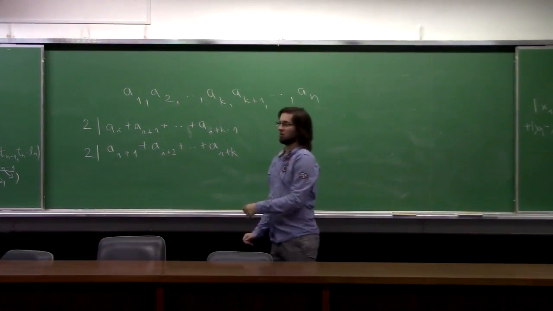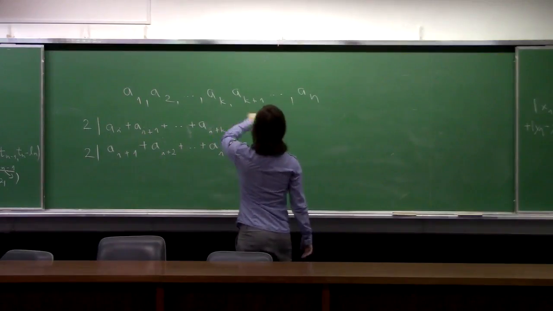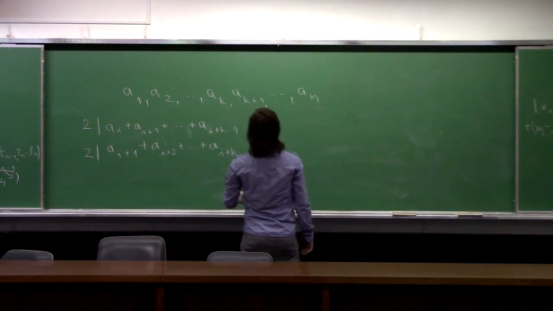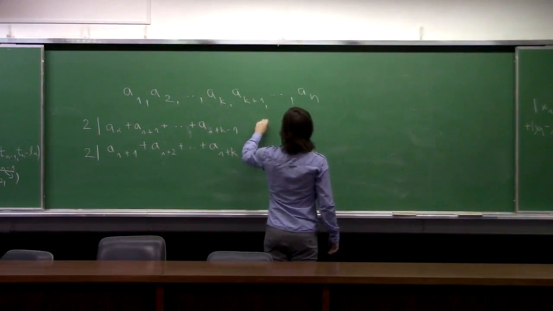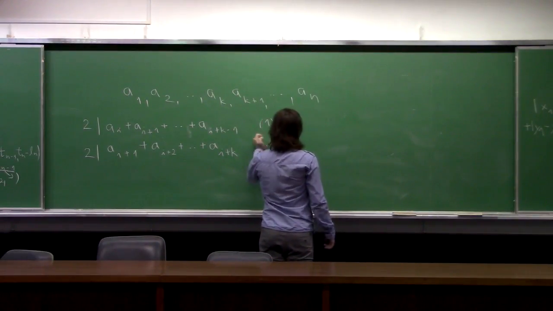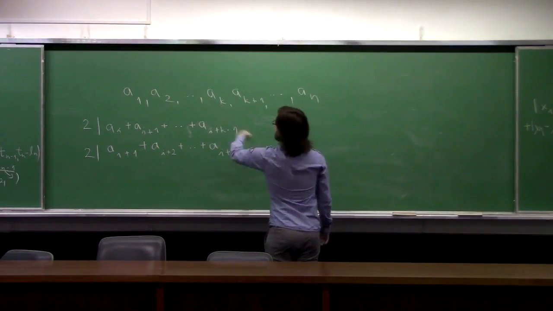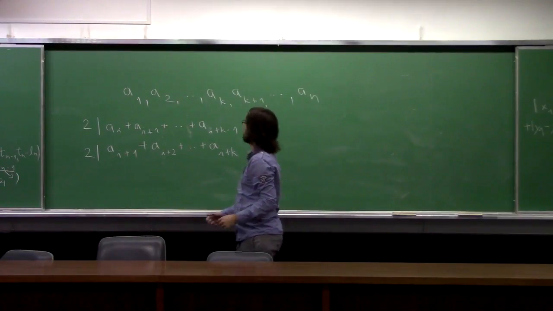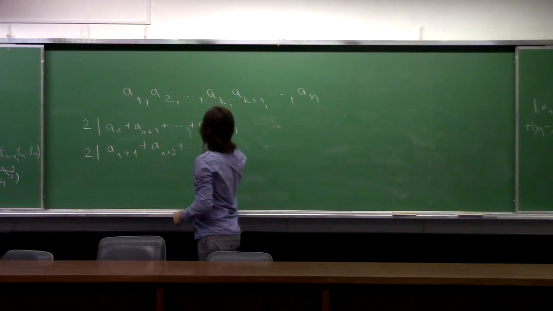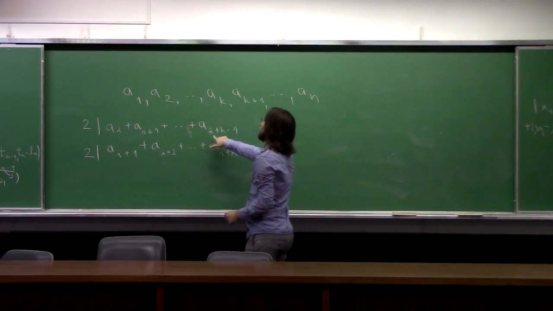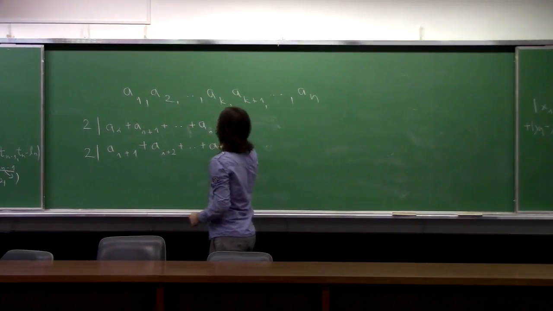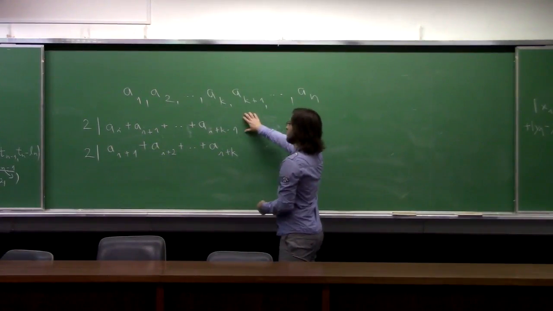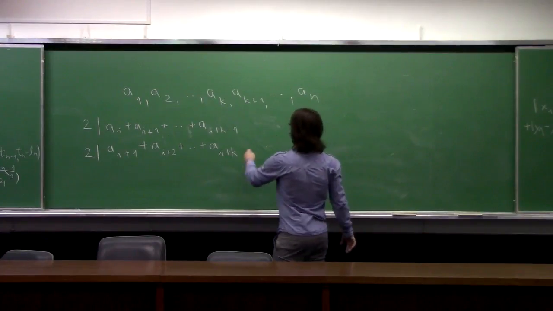So in the resulting sequence, in a sequence where each sum of these k consecutive numbers is even, we should have, when we take this sum minus this sum, the upper sum minus the lower sum, then each number from A(i+1) to A(i+k-1) appears in both sums, so that cancels out when we take this and subtract it from this, for example.